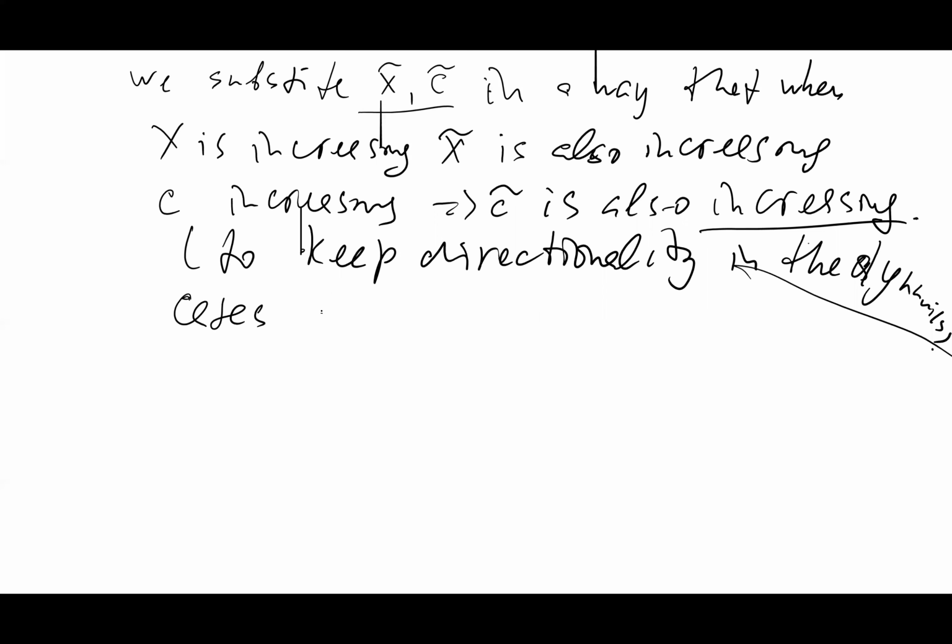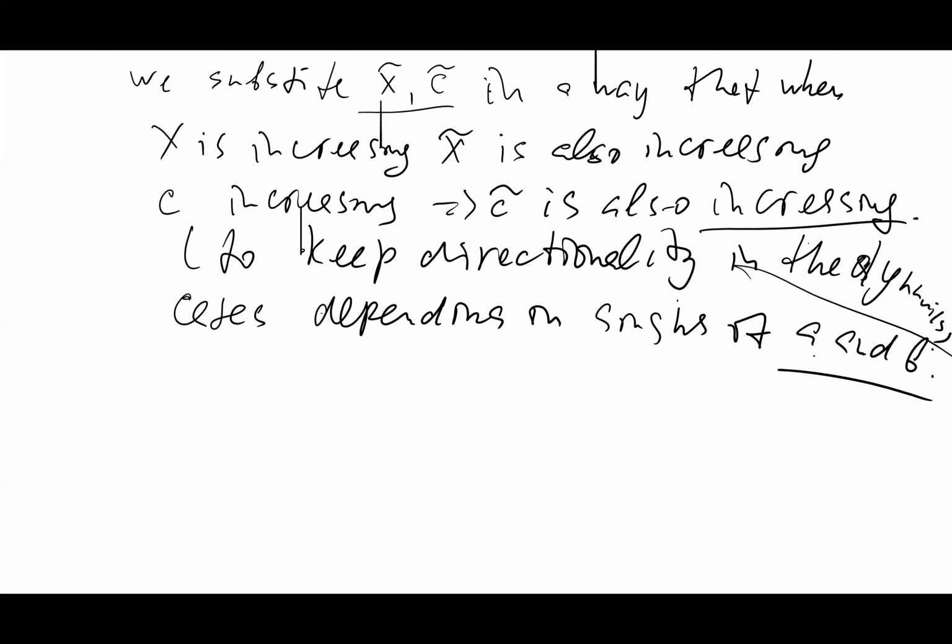Cases depending on signs of A and B. So first, case one: assume that A is positive and B is positive.